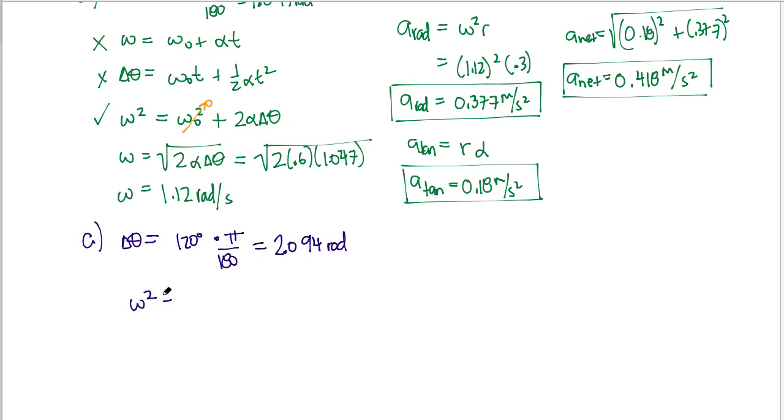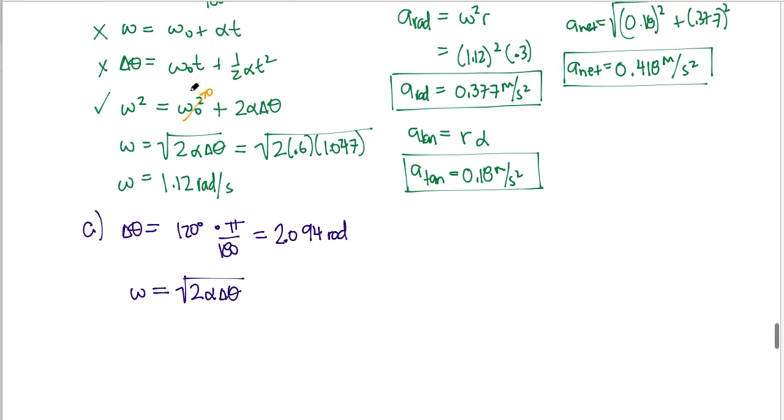So omega squared will be equal to, again, same initial angular velocity. So my angular velocity can actually be written again straight up as square root of 2 alpha delta theta. So this is the case when initial angular velocity is 0. And so substituting here, I would just have the square root of 2 times 0.6 times my 2.094 radians.